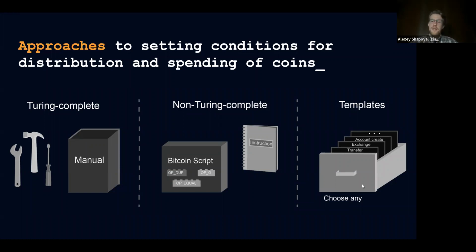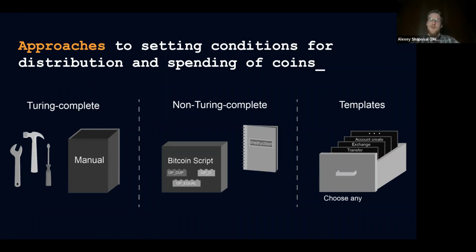The same works here. So you see, we have a template for transferring coins, a template for exchanging coins, a template for creating an account, and so on and so on. And what the user needs to do is only to fill in the fields of this template. Of course, the most obvious, the biggest advantage of the templates approach is smaller and more effective transactions.